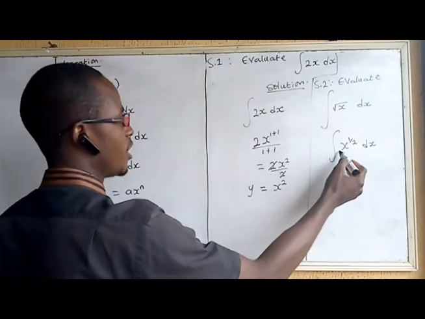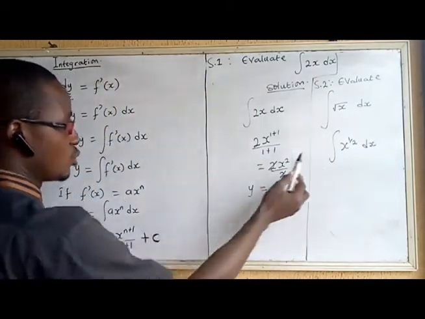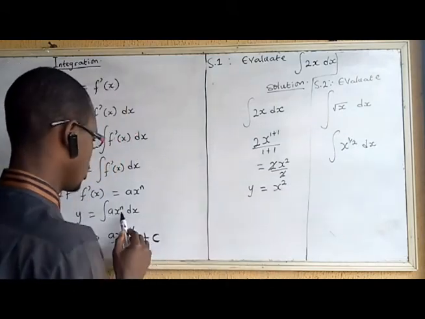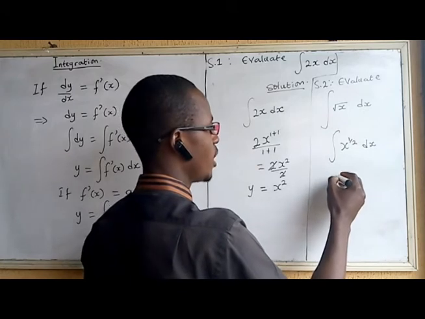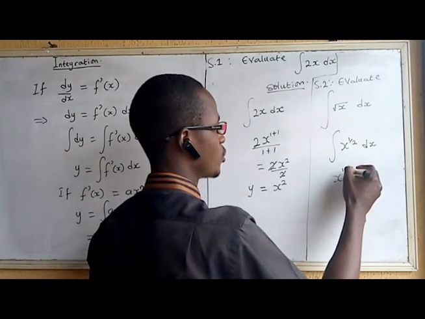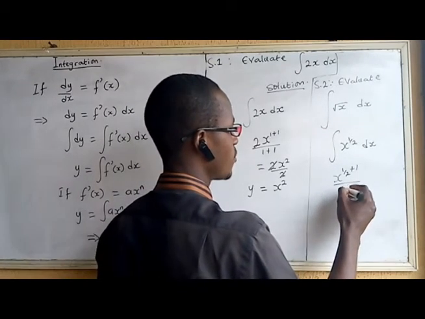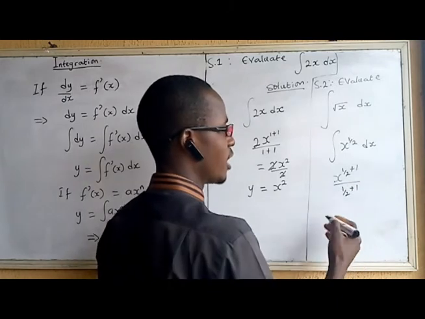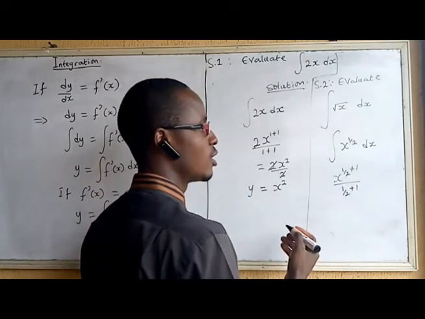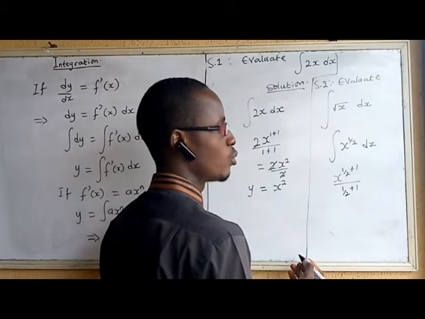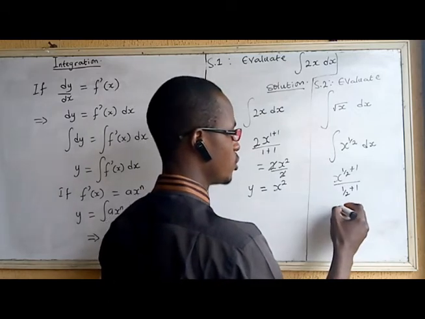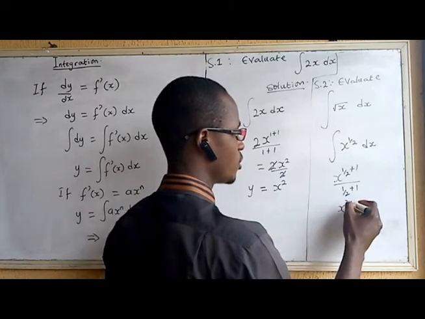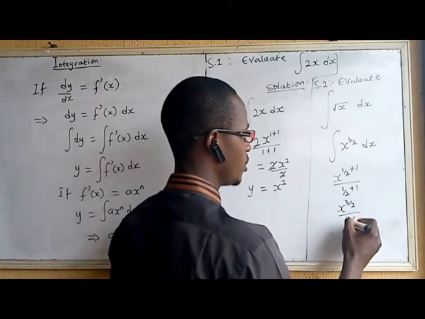The coefficient of x, which happens to be our a here, is 1, and the power n is 1/2. So using the same technique, we are going to have x^(1/2+1) all over 1/2+1. And 1/2 plus 1 will give us 3/2, one whole number plus 1/2, which is equivalent to 3/2. So there we have x raised to power 3/2 all over 3/2.